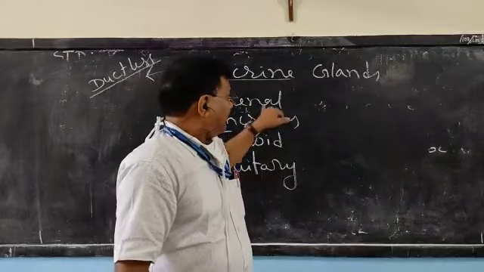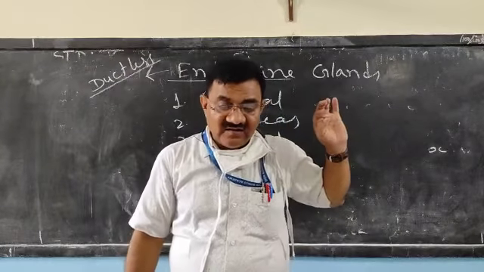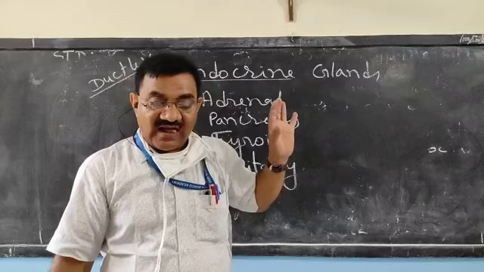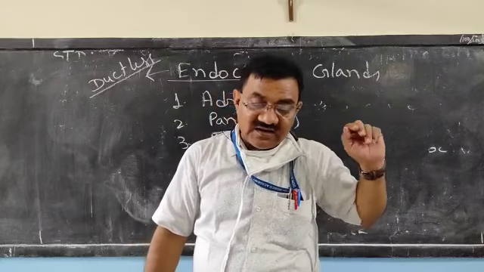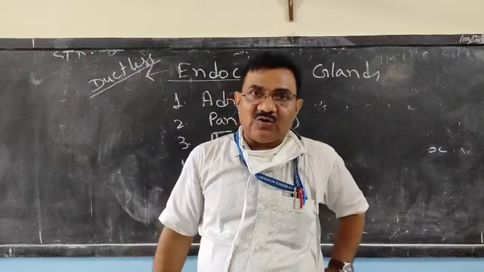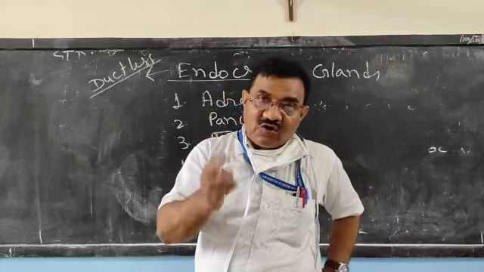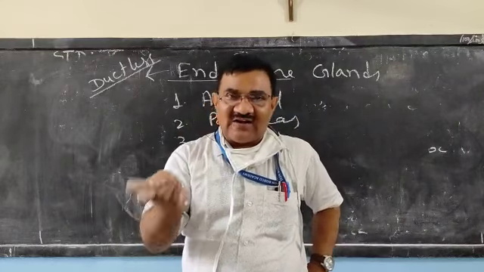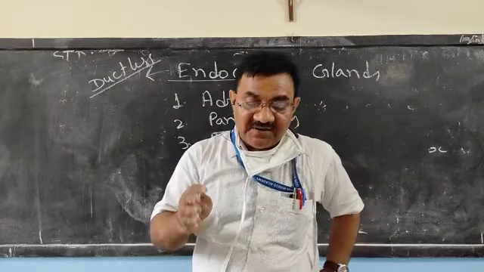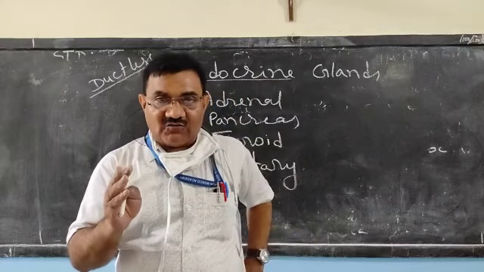Which part of the adrenal gland secretes adrenaline? That is the medulla. As far as the cortex is concerned, it secretes cortisone of 2 types: mineralocorticoid and glucocorticoid.